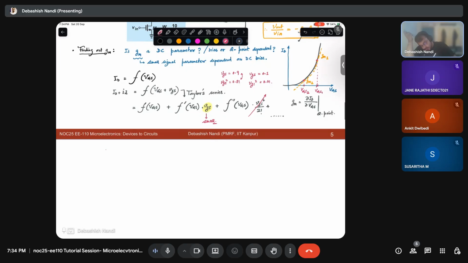So now if you see, your ID plus small id will be f of VGS plus f dash of VGS times small vgs. Higher terms we are ignoring.